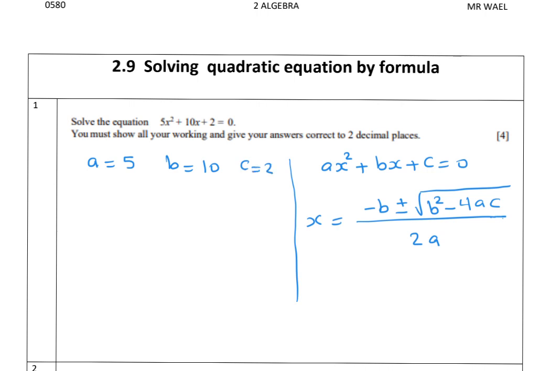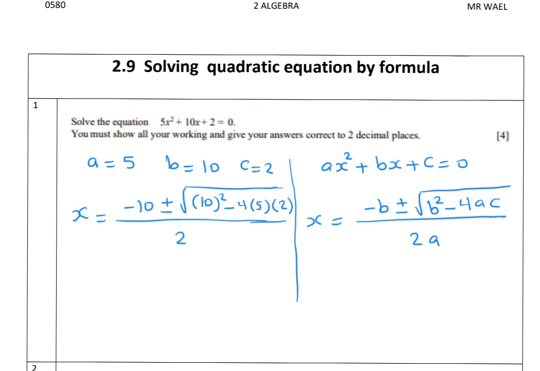Now the rule: x equals negative b, so negative 10, plus or minus the square root of b squared, so write b in brackets then square, minus 4ac, 4 times a in brackets and c in brackets, over 2a, over 2 times 5.